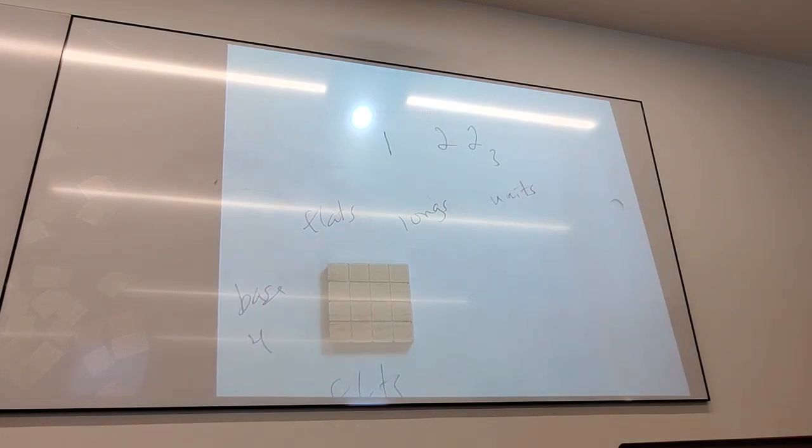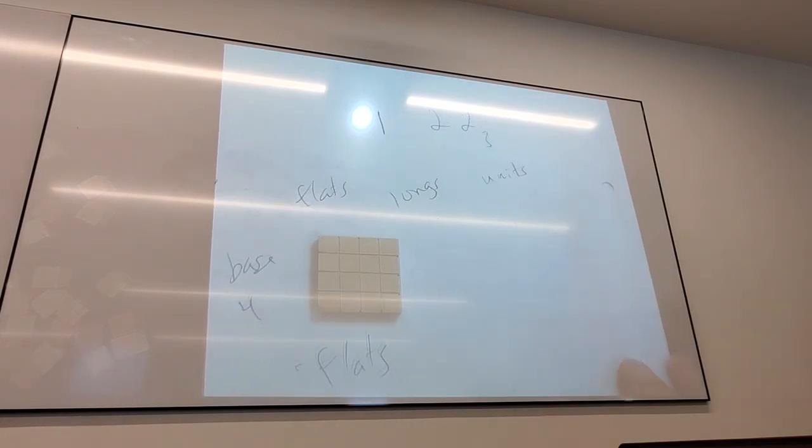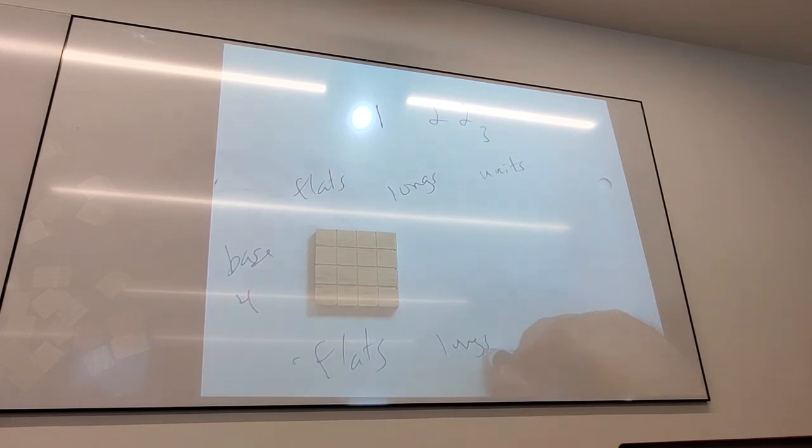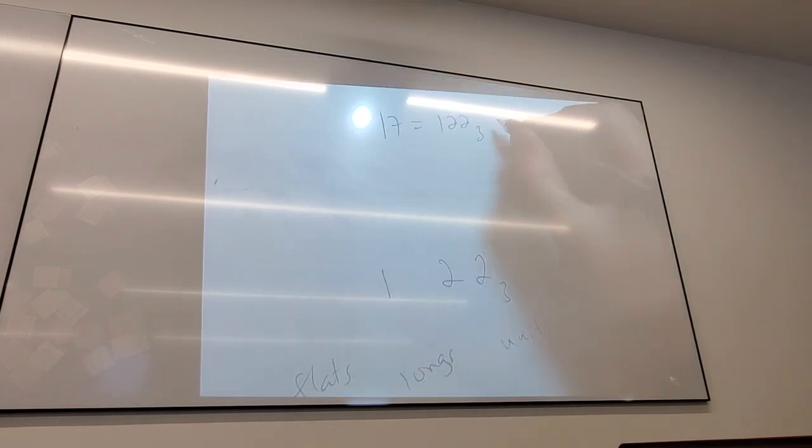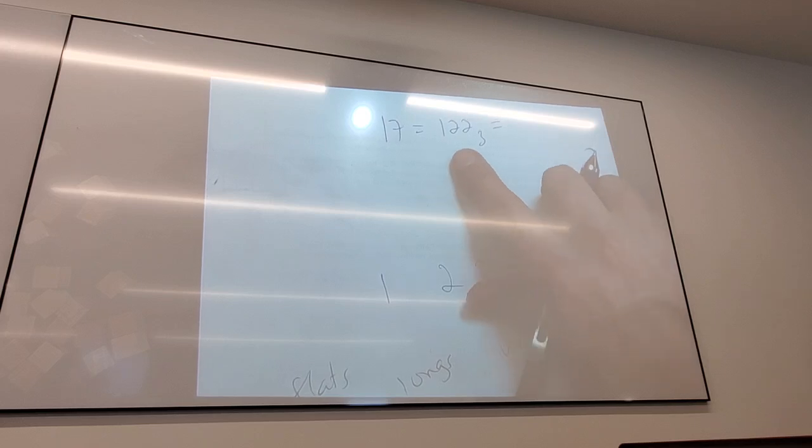None, because the only thing I have left, once I make this, is one little dude. That makes 17. So what is 17 in base 4 then? How many of these pieces do I have? 101. So 17 is 122 base 3. It's also 101 base 4.